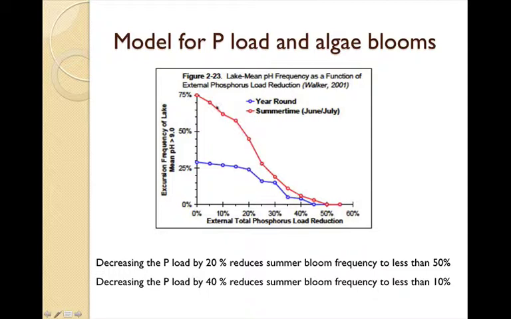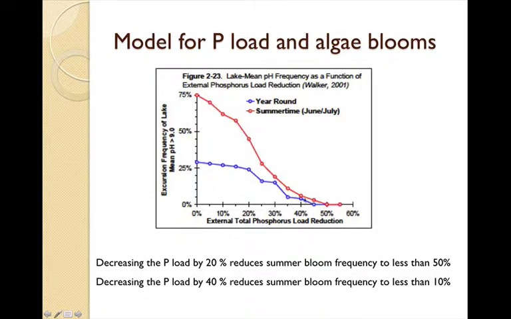So this is the underlying model, and the idea is decreasing the phosphorus will decrease the percentage of days with these blooms, and also because of that will decrease the damage done by these algal blooms. So this is an underlying mathematical model that would be used to say, well, what's the desirable level? You don't need to go all the way out here.